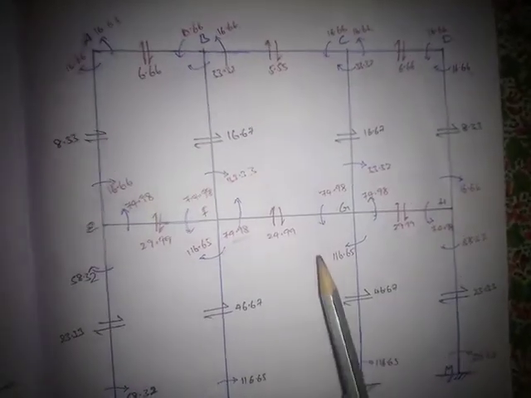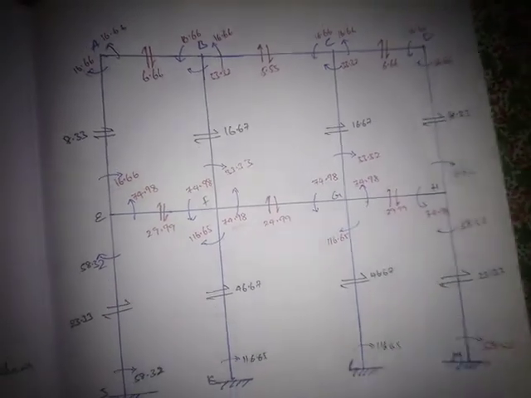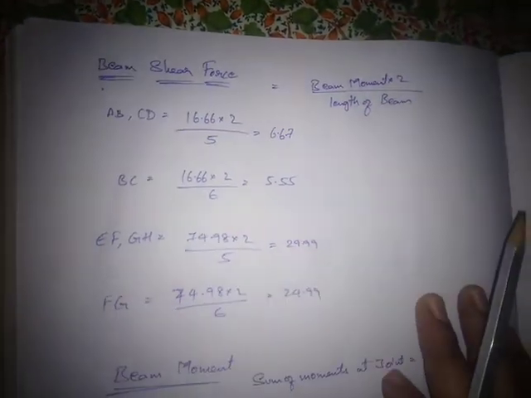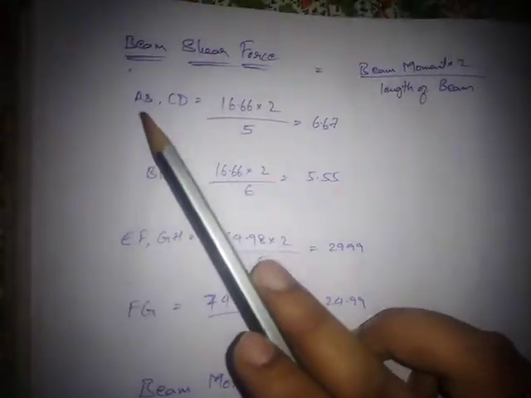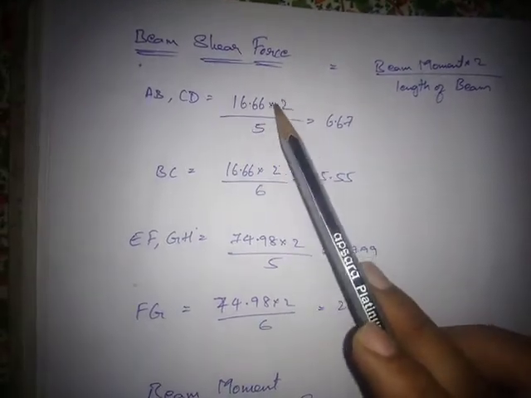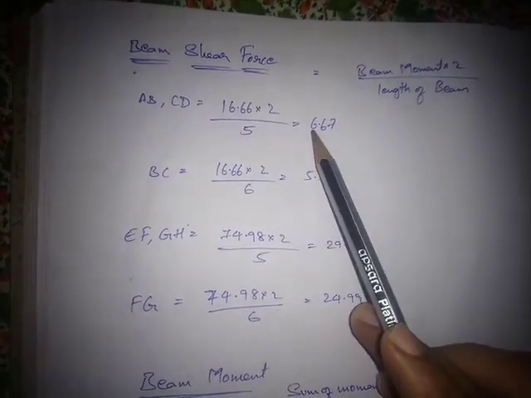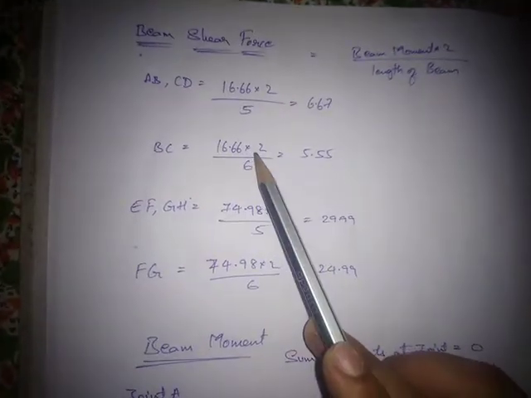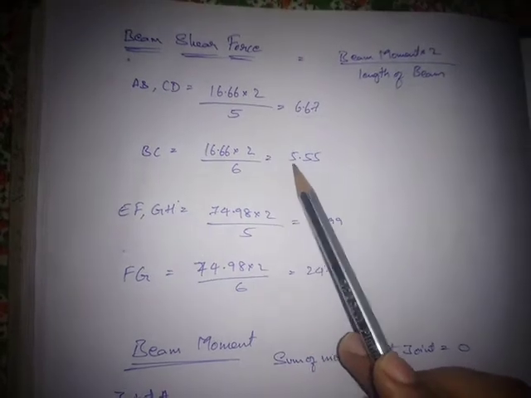So after calculating the moments about B and from moments about G, we will calculate the beam shear force, or the forces which are acting vertically on the beams. For that, AB and CD are the same, having the same length: 16.66 into 2 by 5 is 6.67, whereas for BC it is 16.66 into 2 by 6, since the length of the beam is varying, that is 5.55.